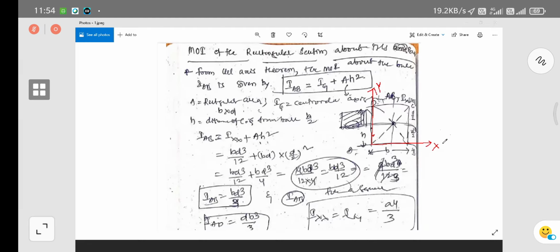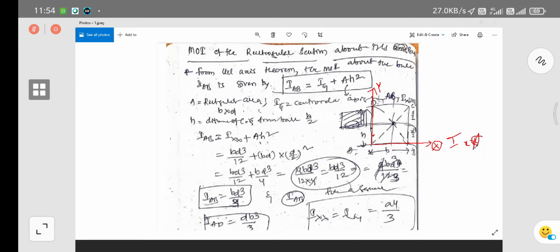If I want to find the moment of inertia about this, this is the first case: the moment of inertia about the base axis, that is along the x axis, which we are going to call Ixx, or otherwise simply Ix. In some textbooks they refer to it as Ixx. Why Ixx?